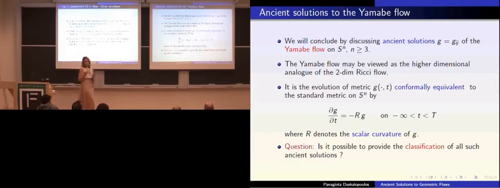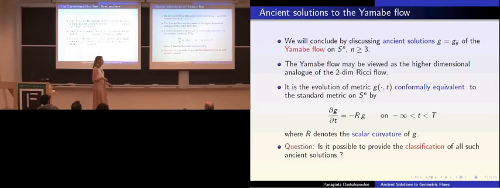It's like evolving a metric in a given conformal class by the scalar curvature, which in 2D is in some sense the Yamabe flow, right? And so what is the Yamabe flow? The Yamabe flow is the flow where you evolve a metric in a given conformal class by its scalar curvature.